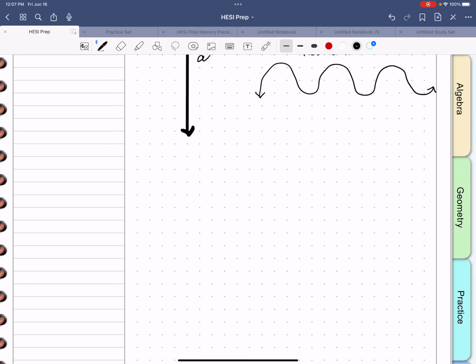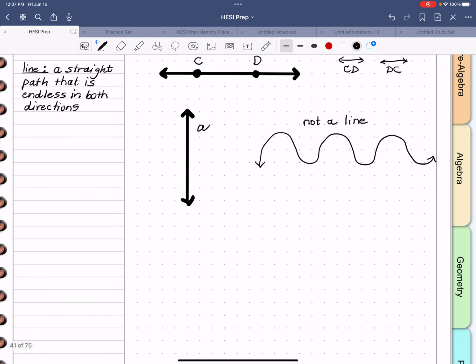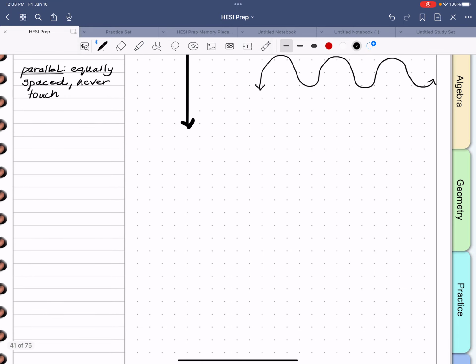Okay, let me take a look ahead here. I do believe that I need to talk to you about parallel and perpendicular here. So let's go ahead and define that. Parallel are lines or rays or segments that are equally spaced, or equidistant is the name in most geometry books, equally spaced, and they never touch. So for example, I think I'm going to put those right here.